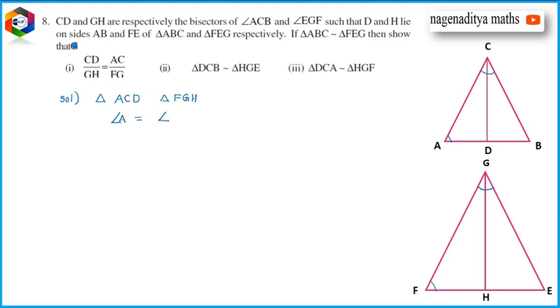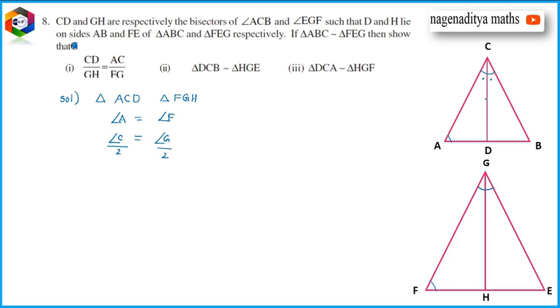Also, angle C is equal to angle G. In the total triangle we have angle C equal to angle G. So I am going to divide by 2: angle C by 2 means this one, and angle G by 2 is this one, because these are angular bisectors, so both the angles must be equal.